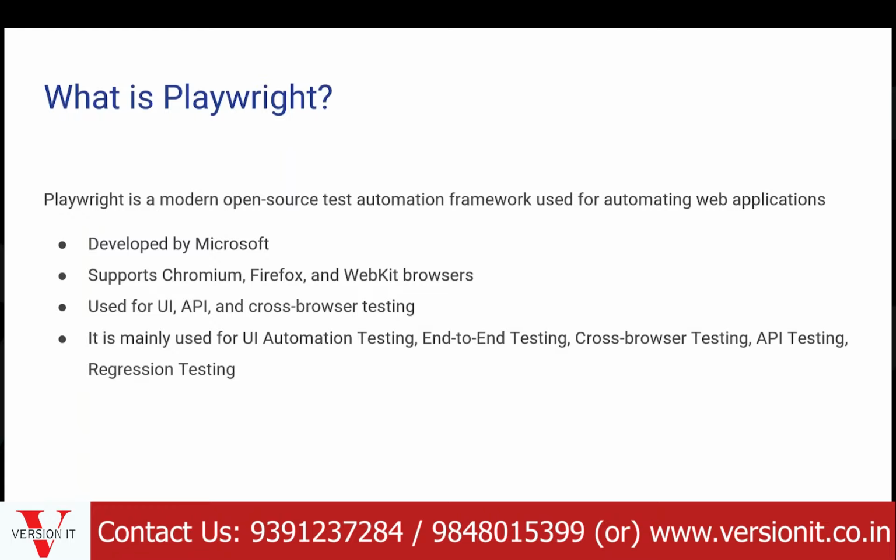So what is this parallel execution? Suppose I have a test case which I need to execute in all the browsers. Now, testing in one browser at a time takes a huge amount of time, right? Let's assume I have a test case which runs for 5 minutes and I need to run it in five different browsers. If I run it sequentially one by one, how many minutes does it take? 5 into 5, around 25 minutes.